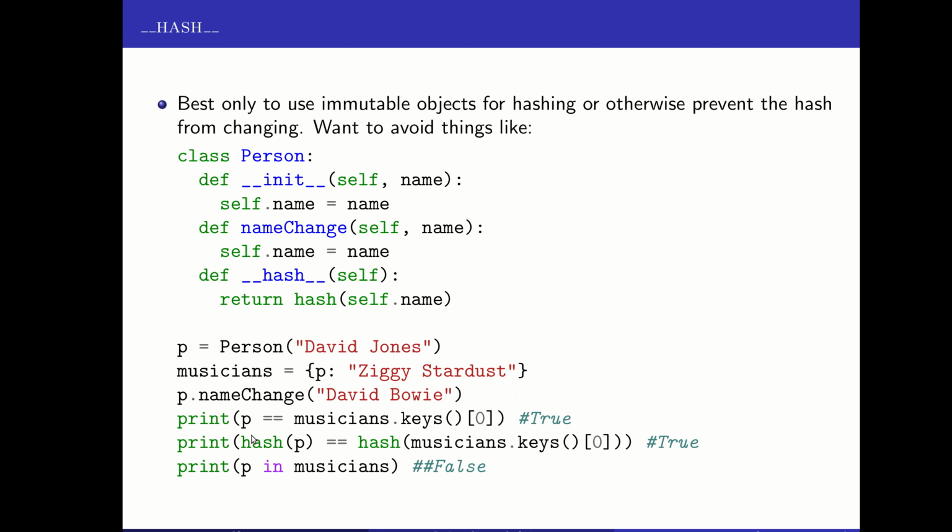And so now, if I ask, is P in musicians, it will hash David Bowie, because that's what the hash function says to do, is take whatever their current name is and hash it. It will hash David Bowie, get some index that is not the index that the hash for David Jones led us to, and it will say, no, the thing that has that hash value, the one you got from David Bowie, is not in musicians.